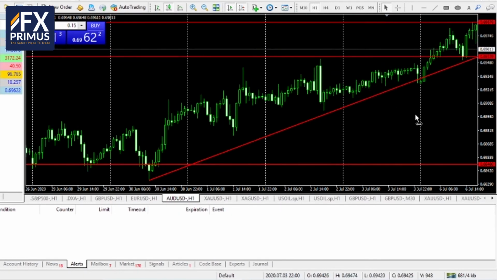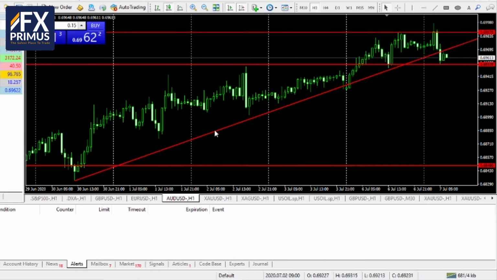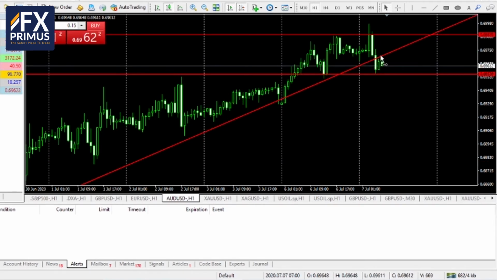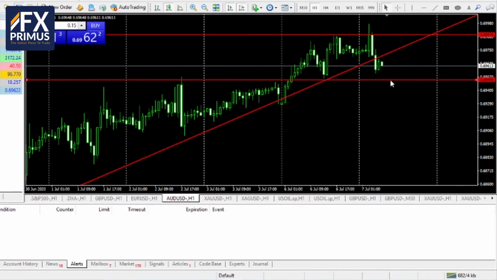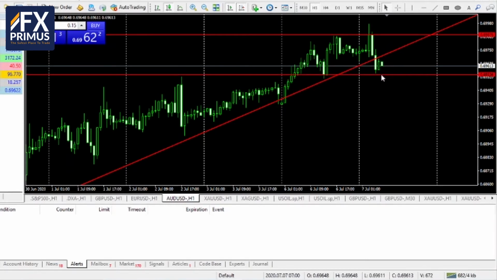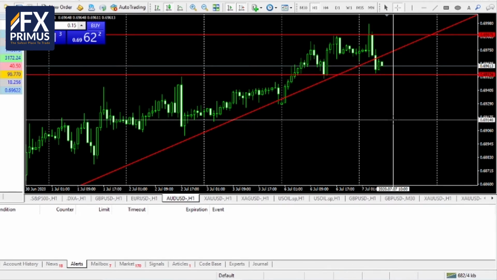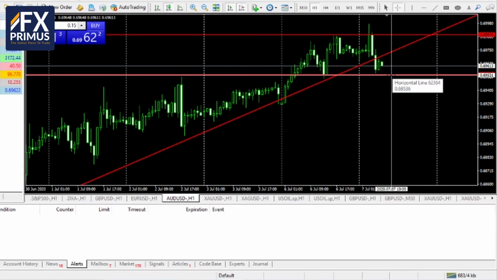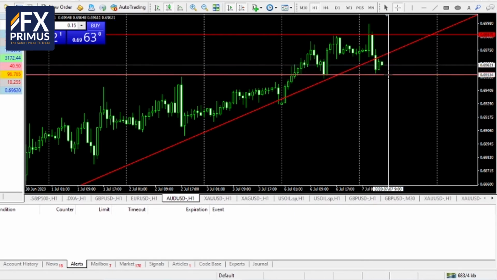Considering the Aussie dollar has been going up for quite a number of days, and just this morning it is starting to break through this bullish uptrend, it is currently testing this horizontal support. If the prices break through this horizontal support, then we may see prices moving down a bit further. However, if it can hold at these support levels, especially during or after the 12:30 p.m. announcement, we could see the Aussie dollar rising again.